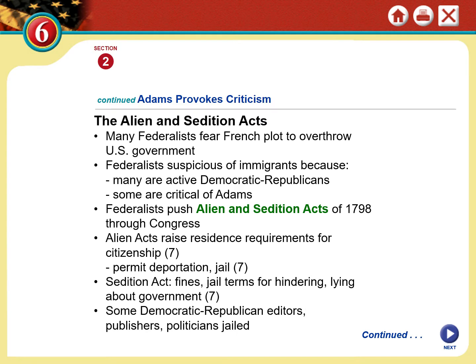Now, during this undeclared naval war with France, there was a bit of a media campaign. Think of the Hunger Games, where different sides are trying to spin the conflict in a different way. The Federalists wanted to portray the French as the enemy.